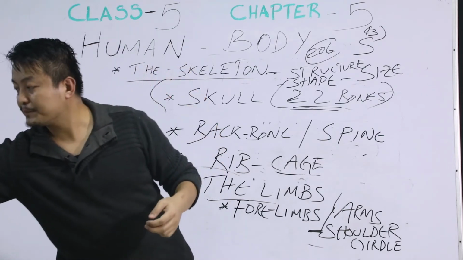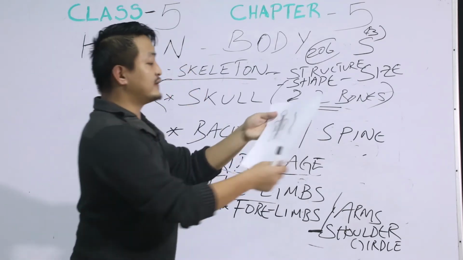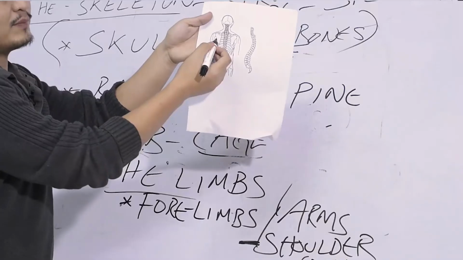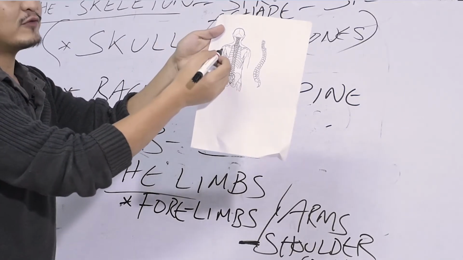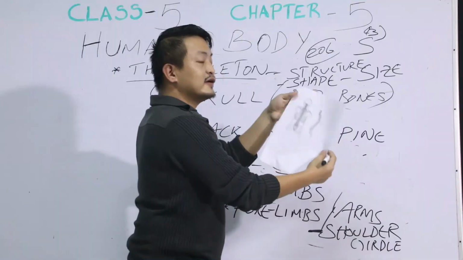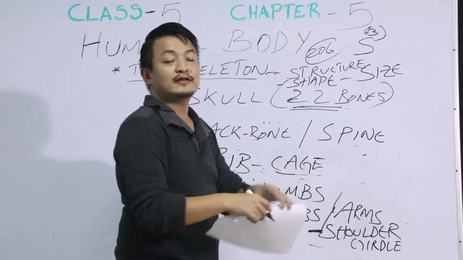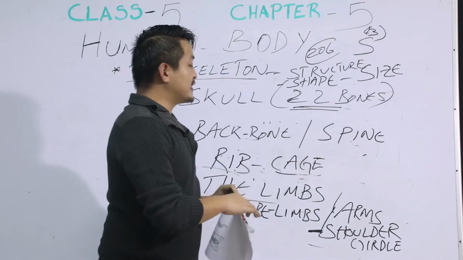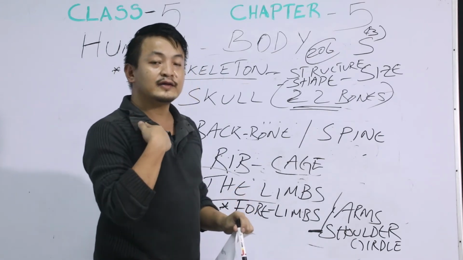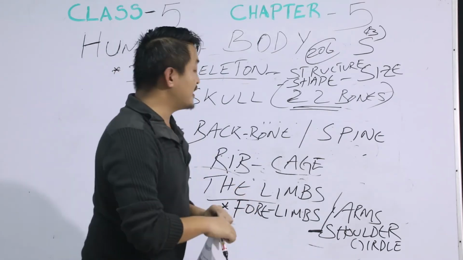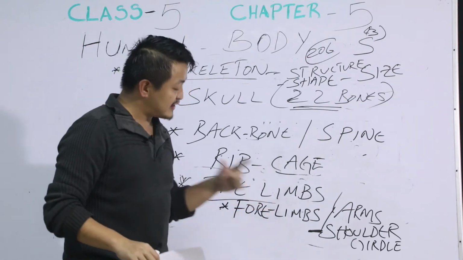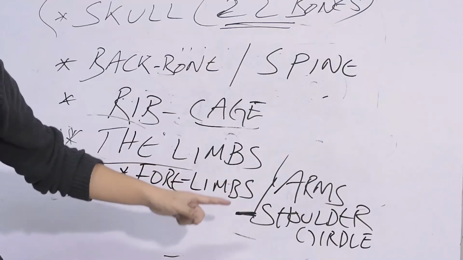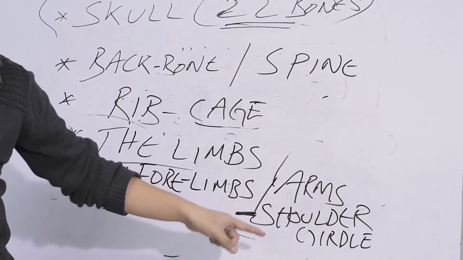I'll show you here. This one, do you see here? One pair, two pair. These two blades, do you see here? You can just touch, one, and then you can just touch here, two. Clear? And then you can just touch this one, and then two. So the arms are attached with the spine through this shoulder girdle.